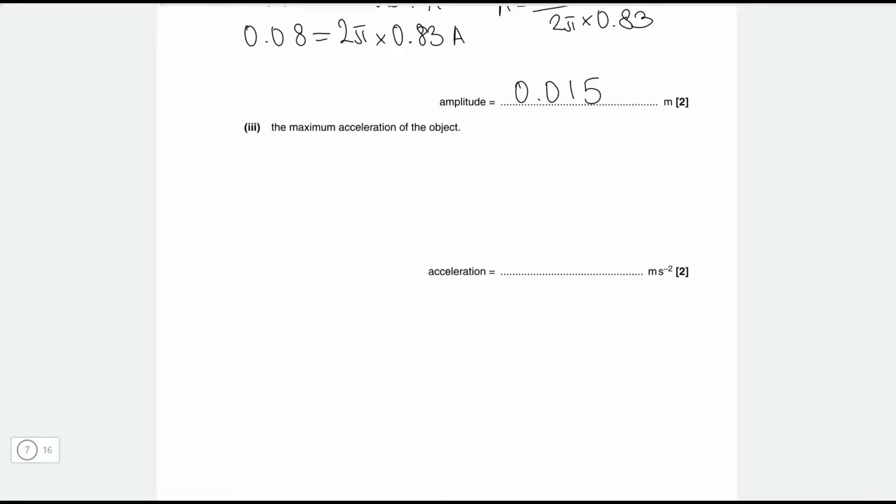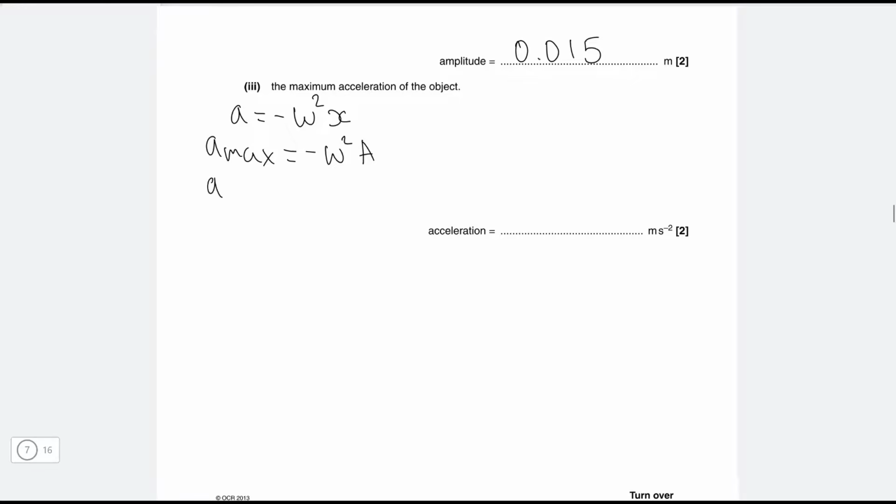Now let's see whether we can calculate the maximum acceleration of the object. So the maximum acceleration will be occurring at the amplitude. So remember, the defining equation for simple harmonic motion is that a is equal to minus omega squared times x. So at the maximum acceleration, we're going to have minus omega squared A. Okay, well, the maximum acceleration will be given by minus 2 pi f, and then the whole thing is squared, times the amplitude.